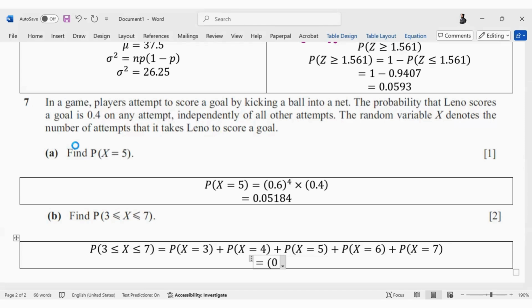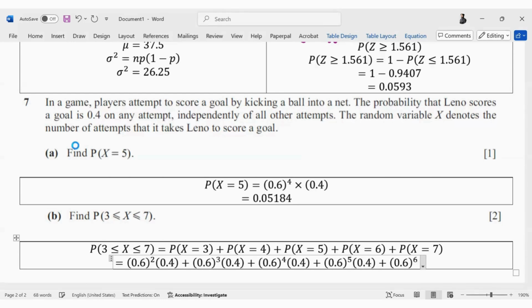So scoring a goal in the 3rd attempt would mean the first 2 failures and then success, 3 failures and then success, 4 failures and then success, 5 failures and then success, or 6 failures and then success.